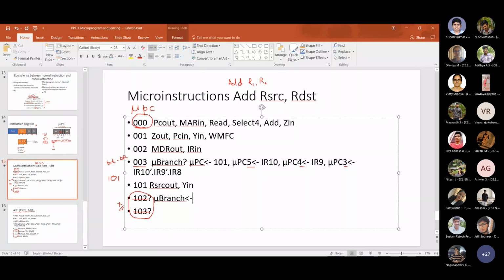Micro branch to which address location? New PC, you are loading 172. This is how the micro program would look.